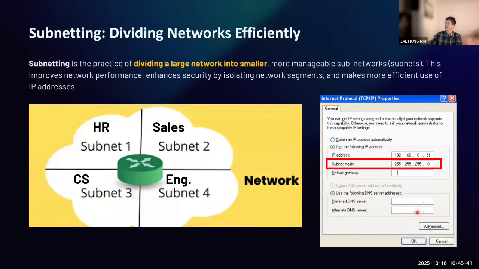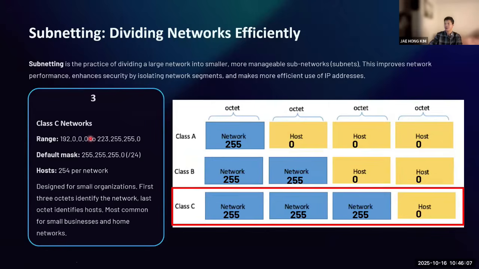So let's look at this IP address now. We already configured it as Class C, so each network in this company accommodates up to 254 hosts. So this is the configuration.